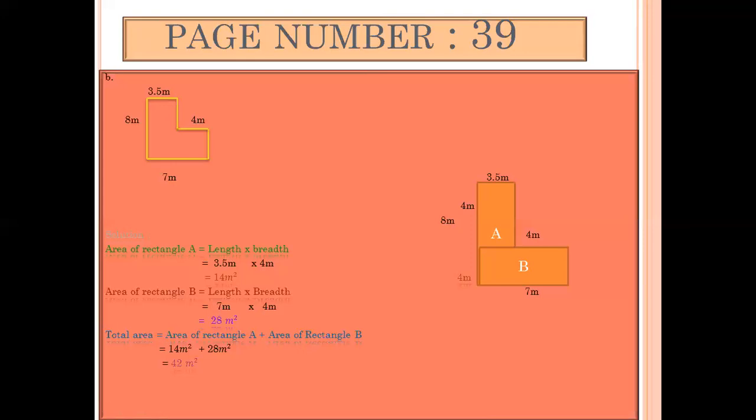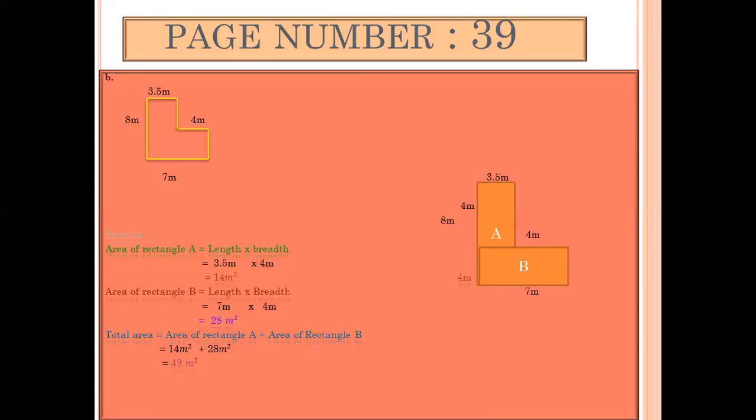We have two rectangles A and B. First, we calculate the area of rectangle A. In this diagram, length is 3.5 meter and breadth is 4 meter.